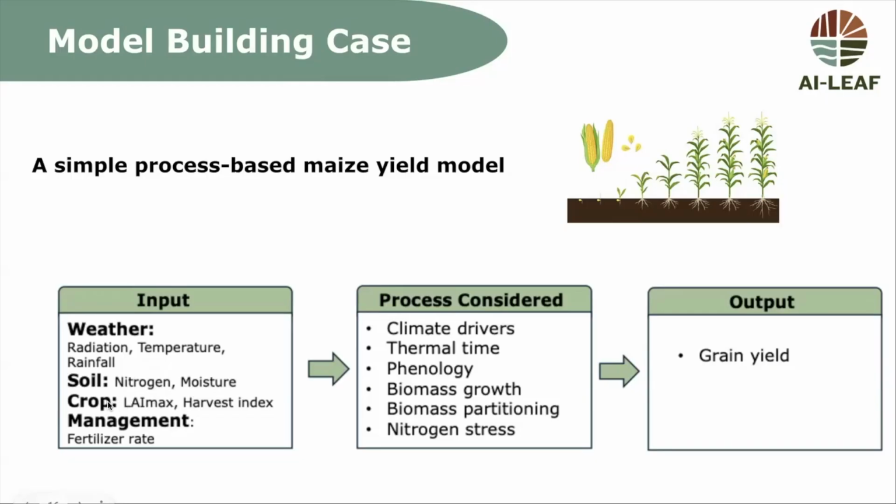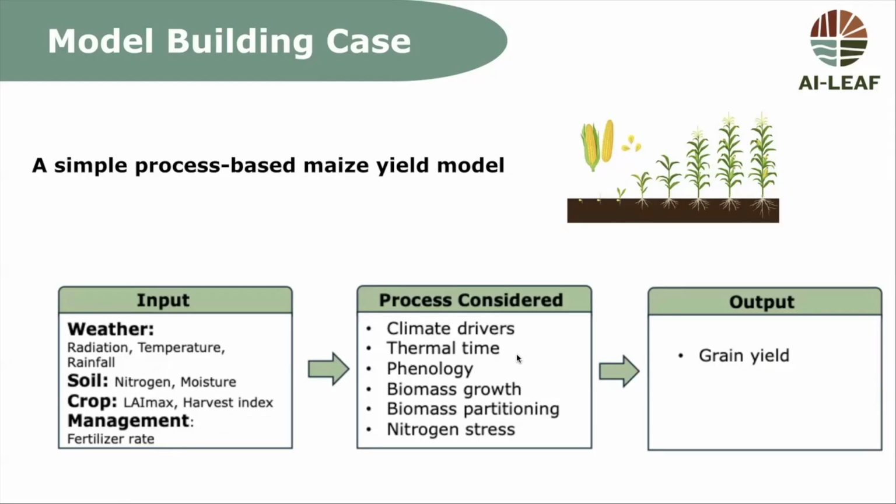to control the crop physiology, like the max leaf area index and the harvest index, and consider the management levels, like fertilizer rates.